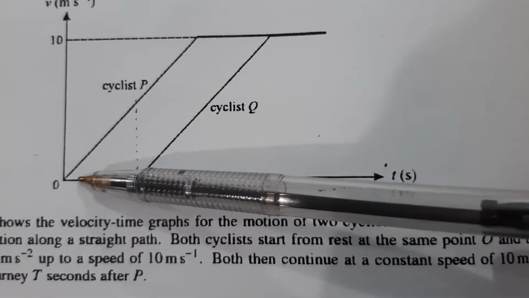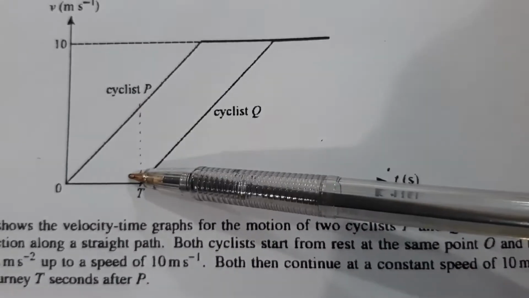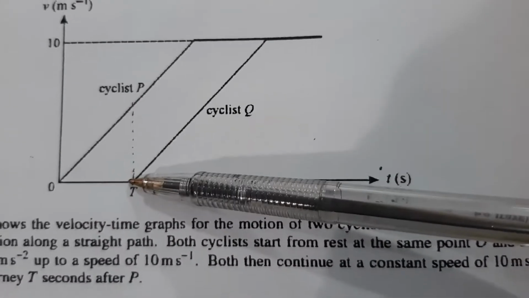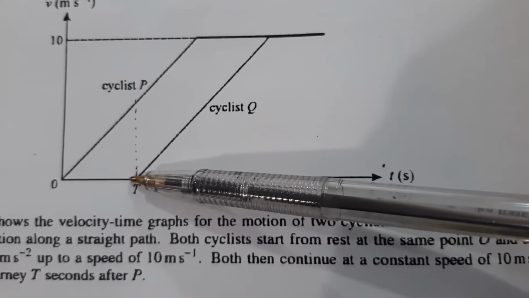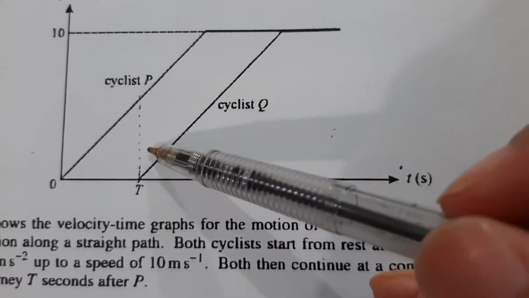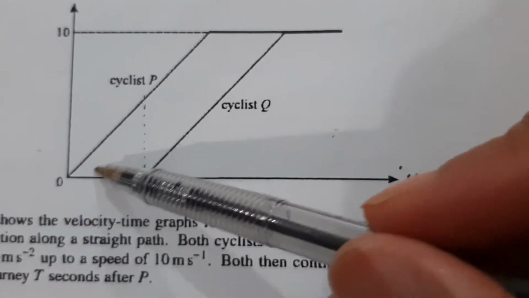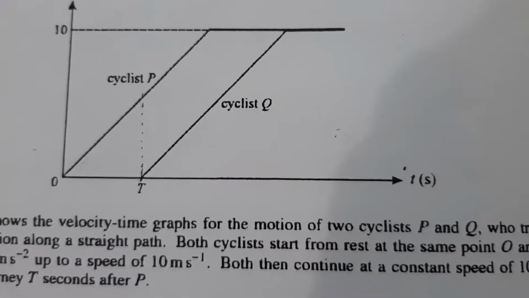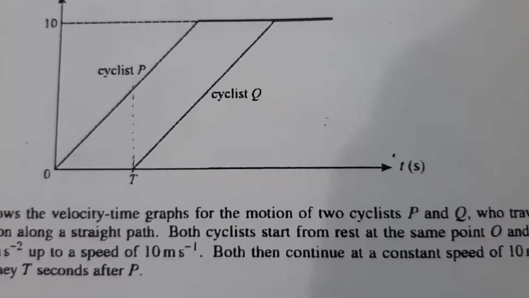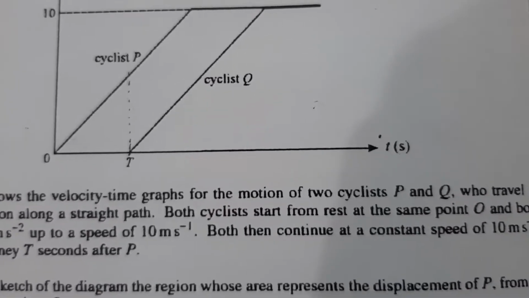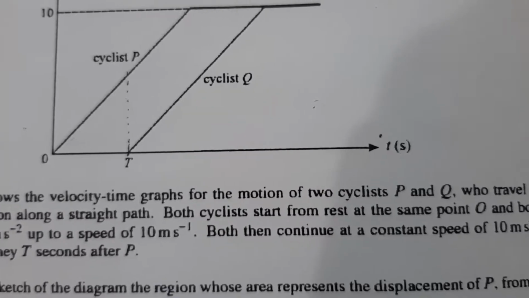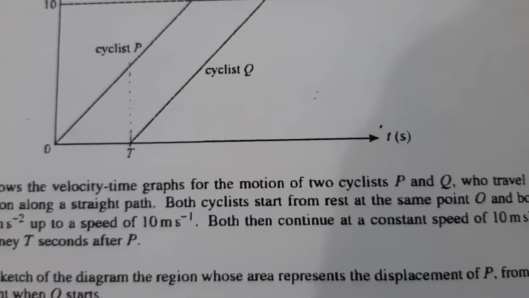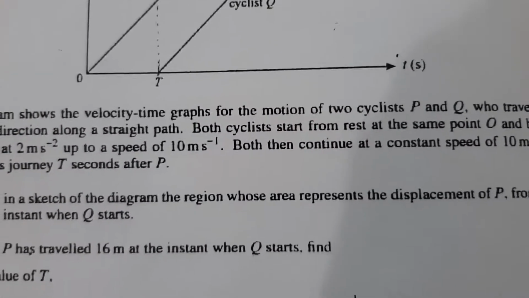So this much displacement is covered by cyclist P when Q started from O, right? So in this first part, you will just draw the line here and shade this portion, as the question is saying, sketch the region which shows the distance covered from O by the cyclist P when Q started moving. So in part 1, you will just shade this area.